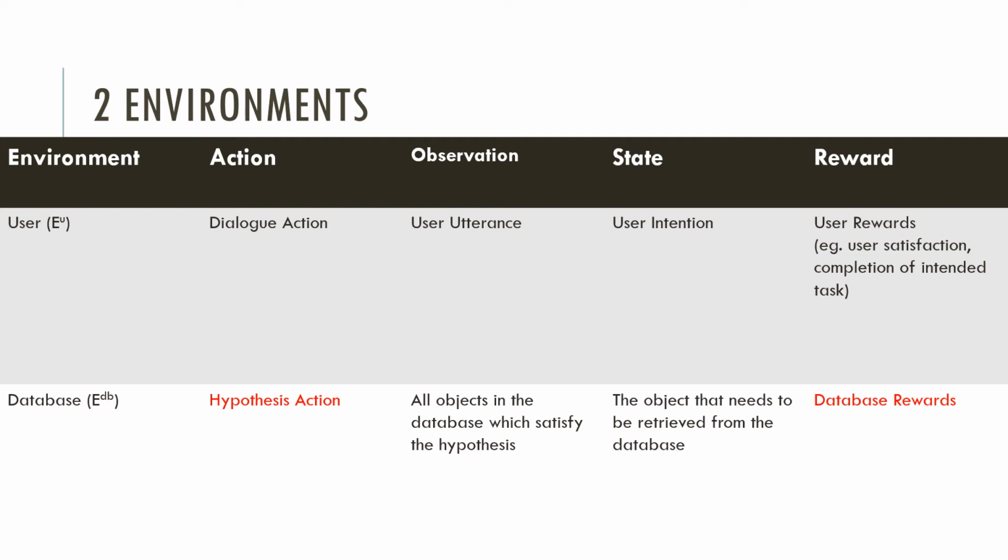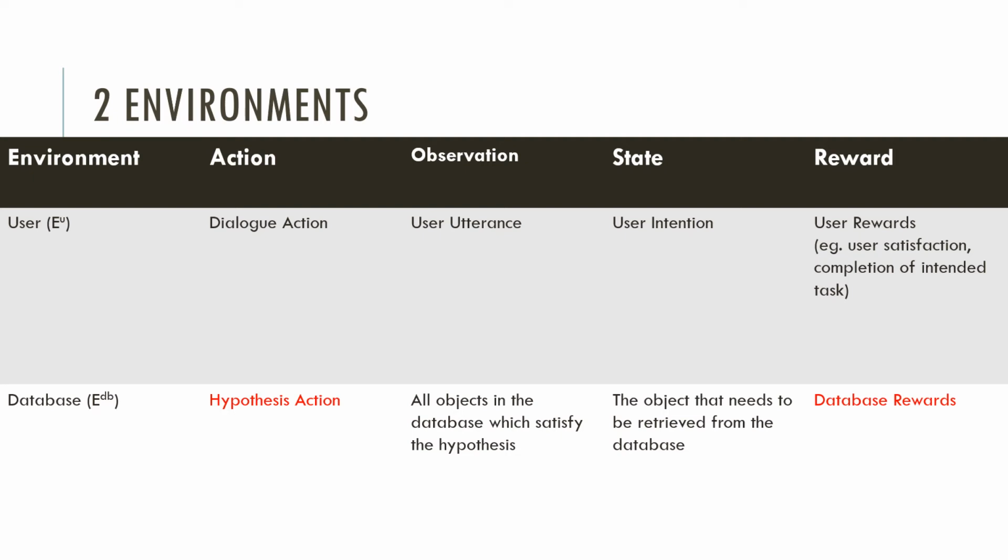It'll tell the database, find something that satisfies these requirements. So a hypothesis action will simply be a modification of the hypothesis. So it'll change the conditions that whatever needs to be retrieved must satisfy. So the observation from the database will be anything that satisfies the hypothesis, but the true state would be the one object that actually needs to be retrieved from the database.